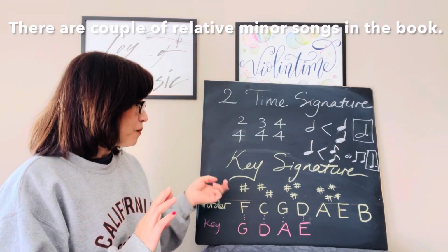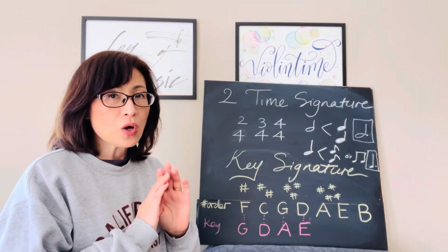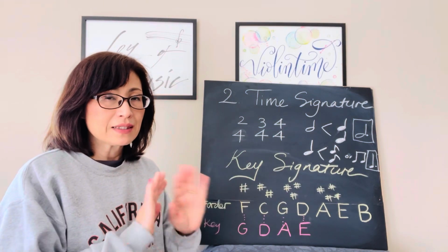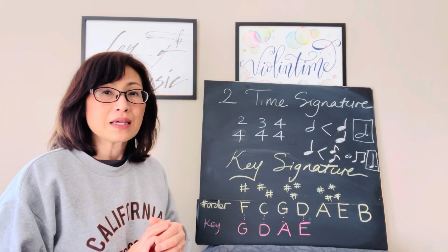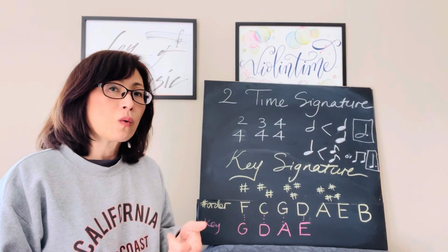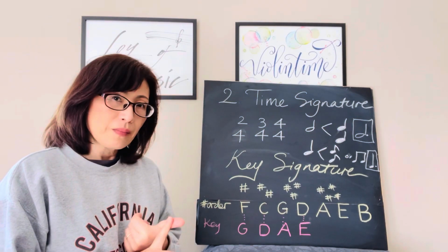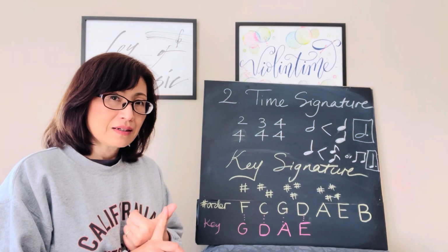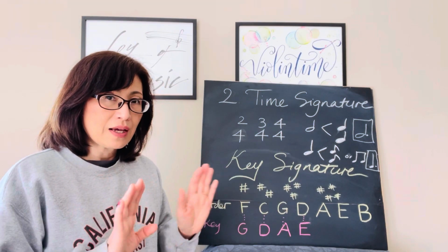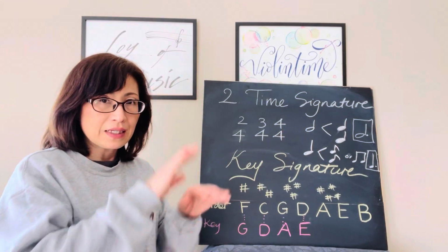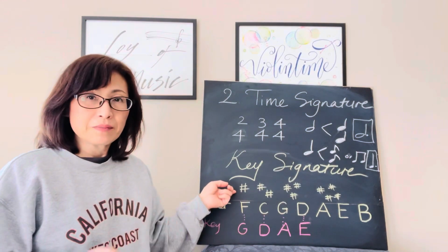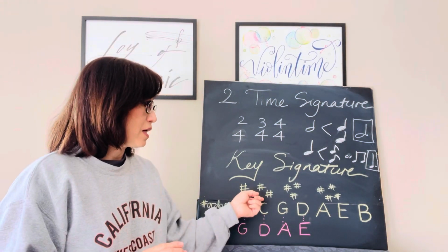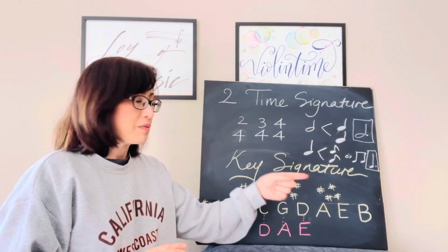However, just remember, if there's no sharp, no flats, nothing in the beginning, that means either C major or A minor. All the other pieces have F sharp, 2 sharps, 3 sharps, 4 sharps.